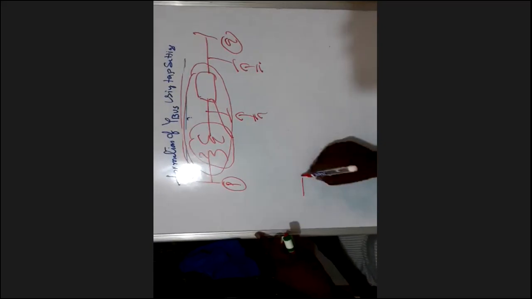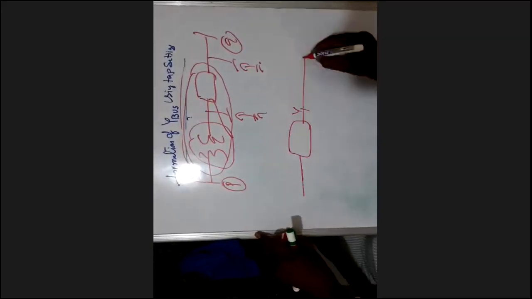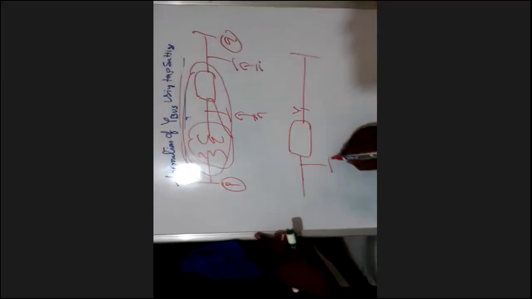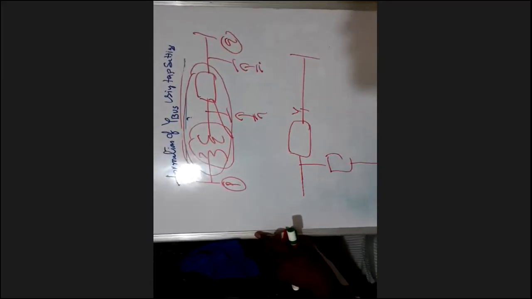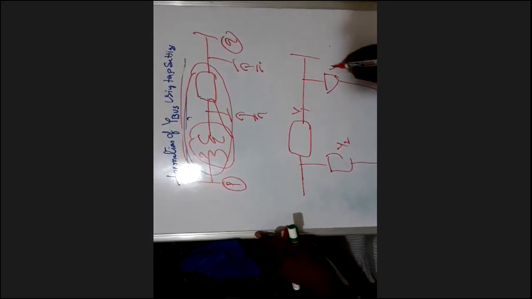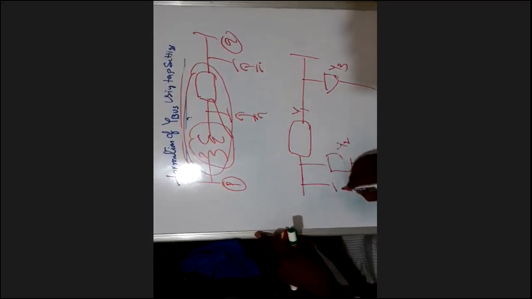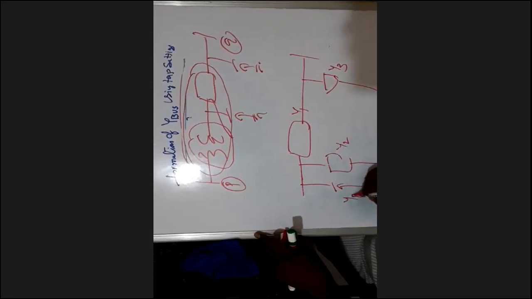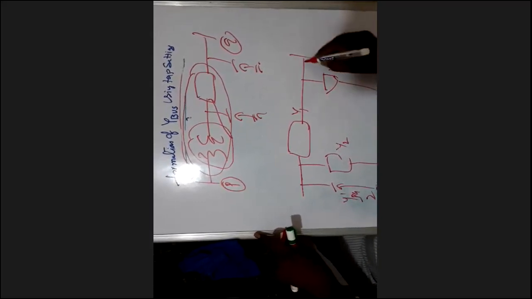This is my Y1, this is my Y2, this is my Y3, and this is my half line charging admittance YPQ dash by 2. Here, half line charging admittance YPQ dash by 2.